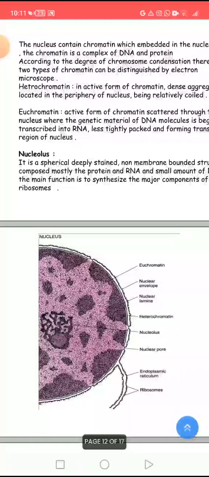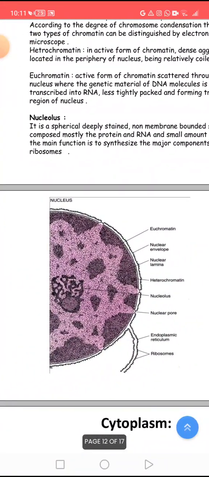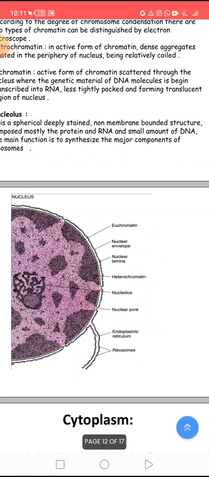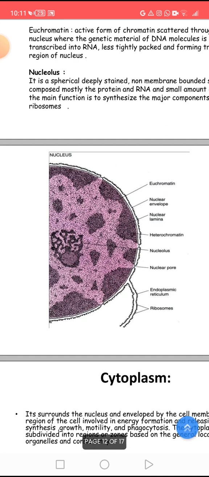The nucleolus is a spherical, deeply stained, non-membrane-bound structure composed mostly of protein, RNA, and a small amount of DNA. In light microscopy, you can see the nucleoli appear more basophilic. So what's basophilic and acidophilic? In H&E stain, we have hematoxylin and eosin.